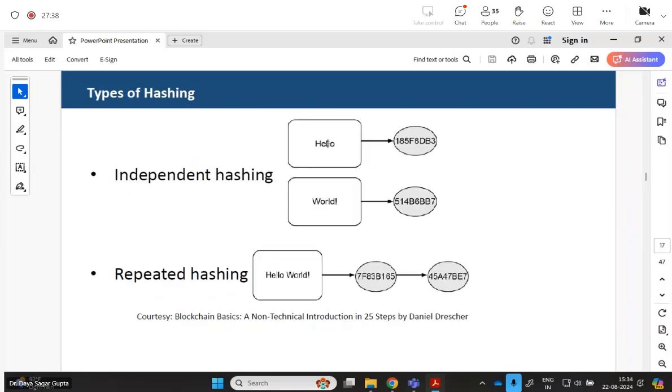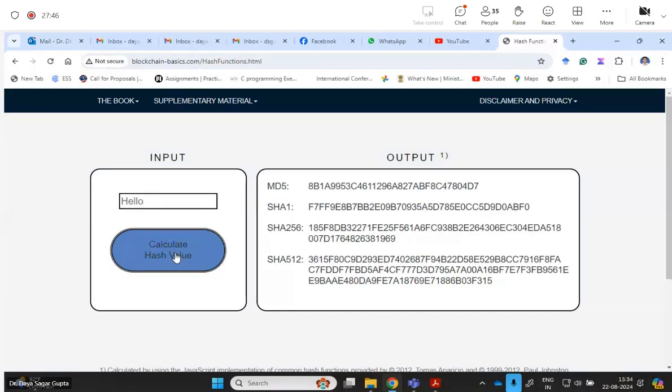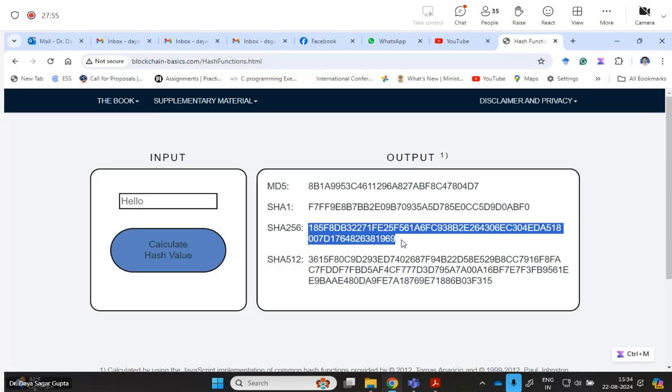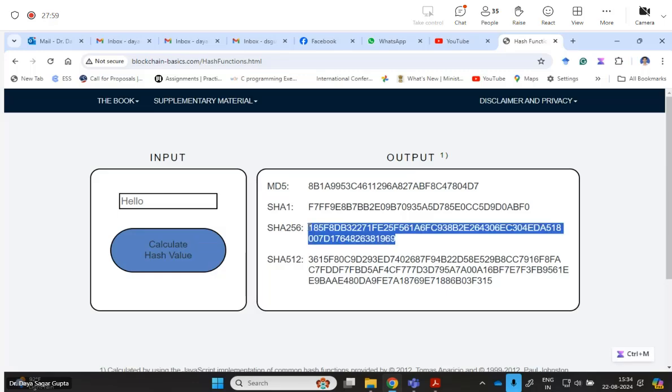Type hello here, and if you try to calculate the hash function, this SHA-256 algorithm is going to produce this as output.